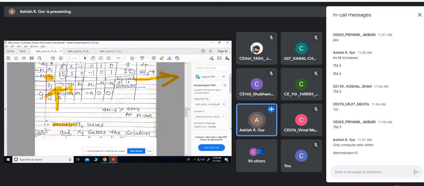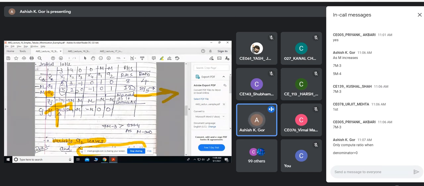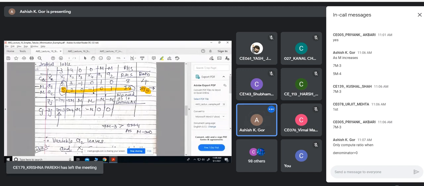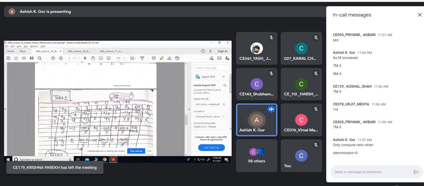Are you getting what happens? a2 is removed out of the solution and x1 is trying to be basic. As per the rule, you divide this by the pivot. Pivot is 5, the intersection is the pivot. So this row is divided by 5, which you will get like this.